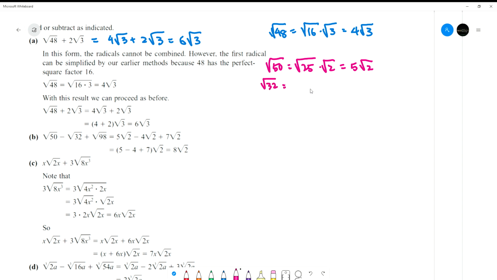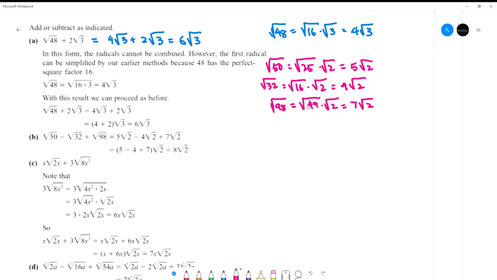So radical 32, I see there's a 16 times 2. So root 16 times root 2 is equal to 4 radical 2. And last but not least, radical 98. That one's a larger one, but I see a 49 in there. So radical 49 times radical 2 is equal to 7 radical 2.